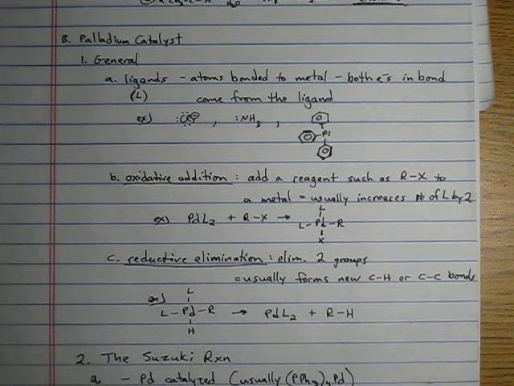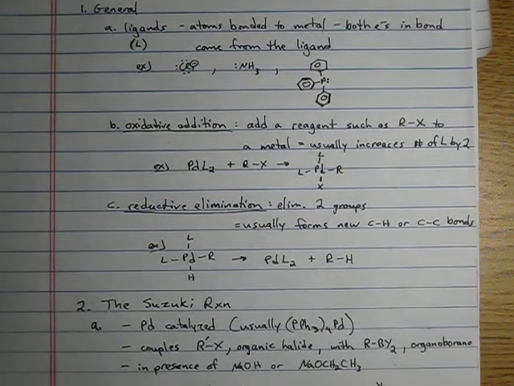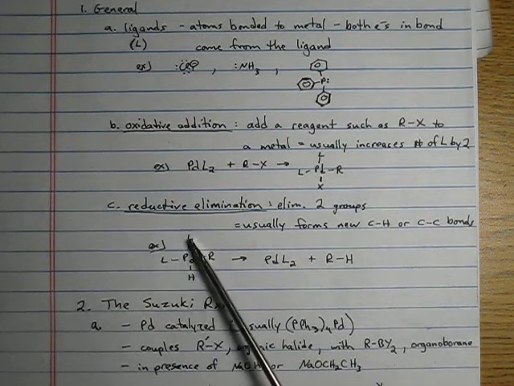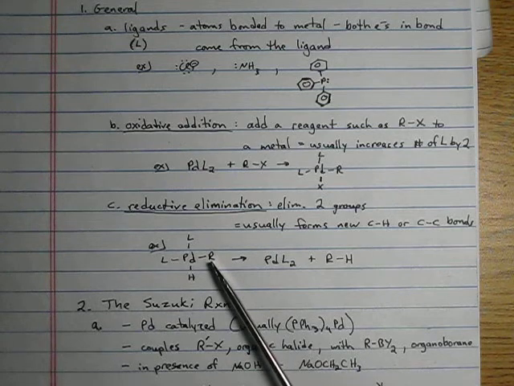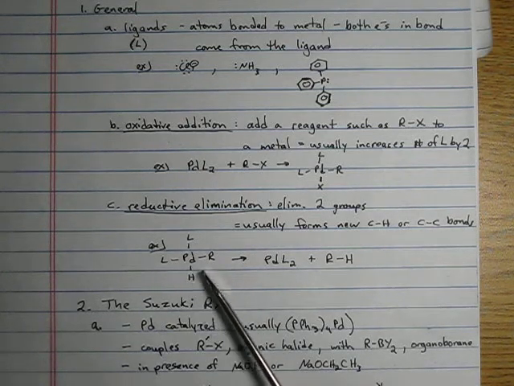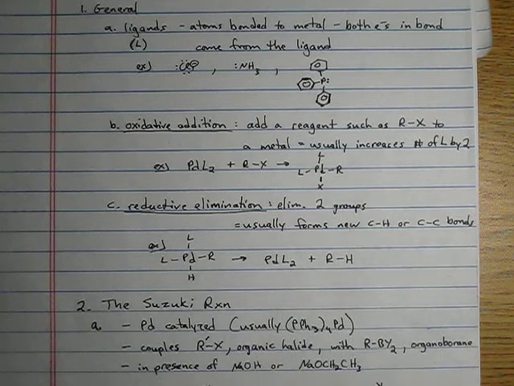You can also get reductive elimination, where you have 2 ligands on a palladium, R and H are on there, and these 2 go away. They break off of the palladium and bond together in the process. So oxidative addition, you add 2 groups to the metal. Reductive elimination, you get rid of 2 groups that are on that metal.